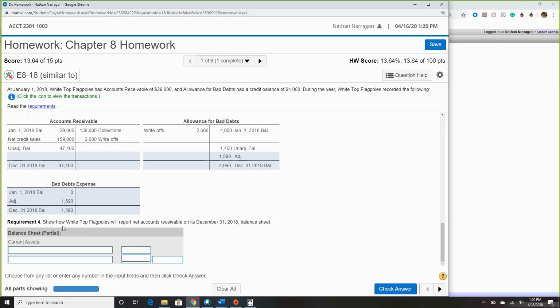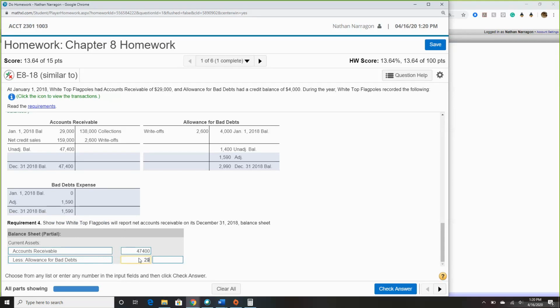Requirement 4 is now to show how Wright will report net accounts receivable on the balance sheet. So again, this is net realizable value. This is our accounts receivable, which is 47,400, and we're going to subtract the allowance for bad debts of 2,990.